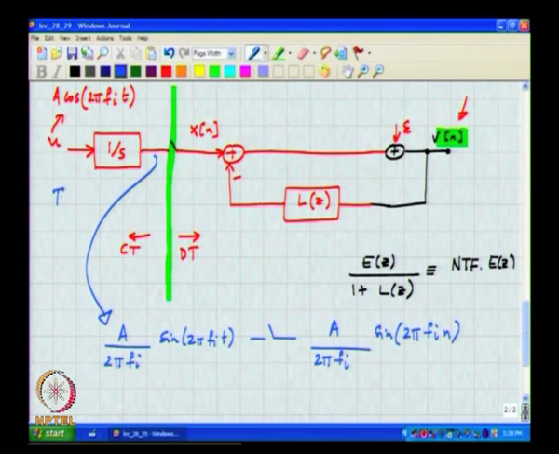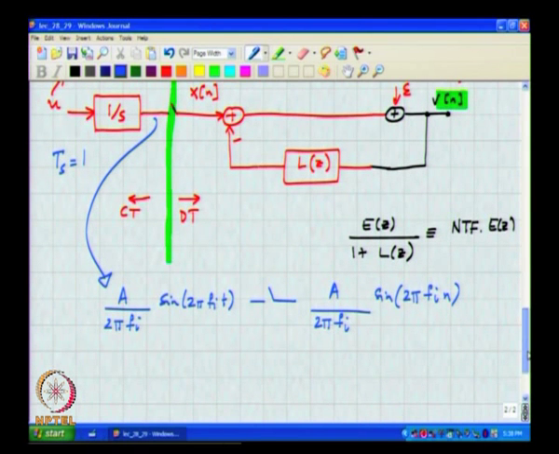Let me put that down here. The sampling rate is 1 hertz. All right. So, as far as x of n is concerned, it is a discrete time sinusoid with some amplitude, which happens to be in this case A by 2 pi f I.